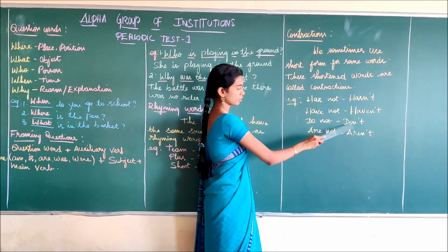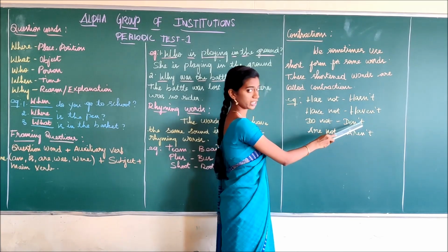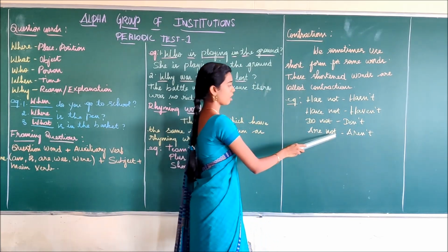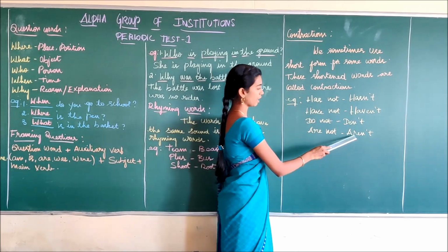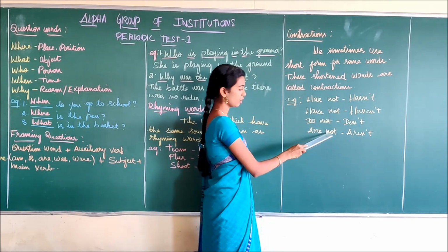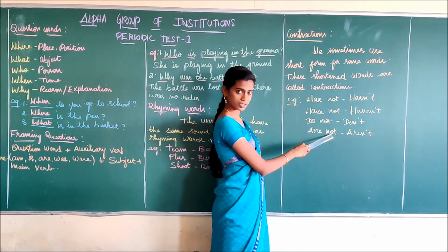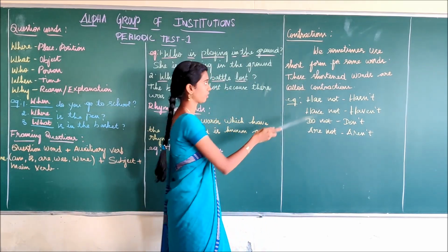Do not is the full form and we have written don't in short form. At last, are not is the full form. We have written it in short form: A-R-E, added N, removed the O, and added the apostrophe and T. This is known as a contraction.